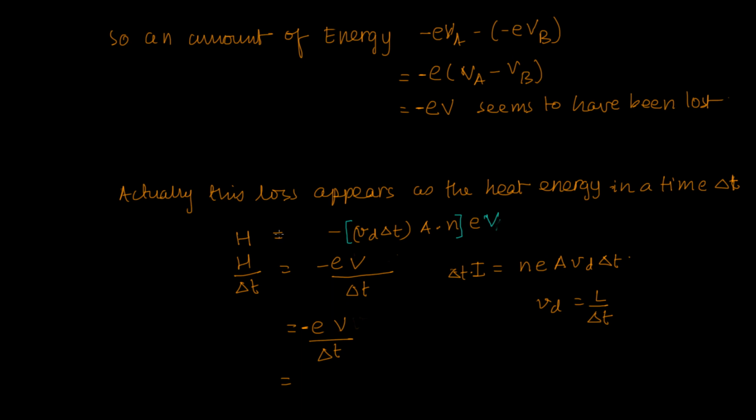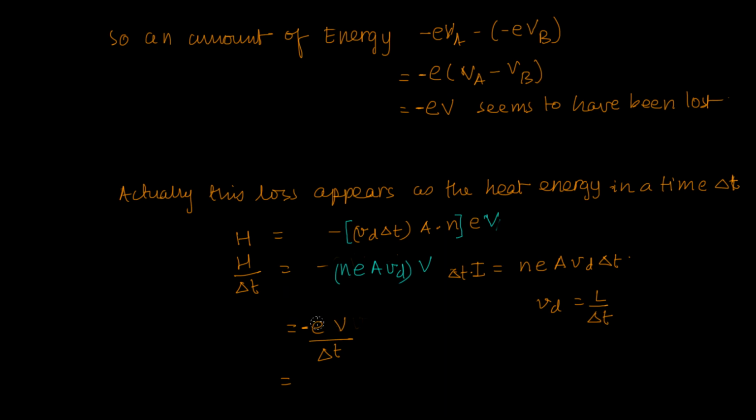If I divide it by delta t, this delta t cancels. So I am left with n e A v_d into V, right? And what is n e A v_d?